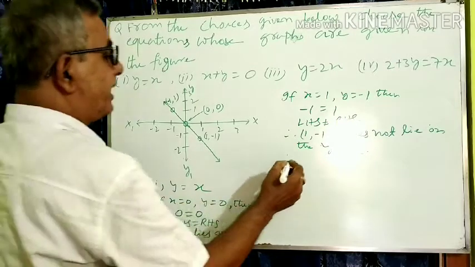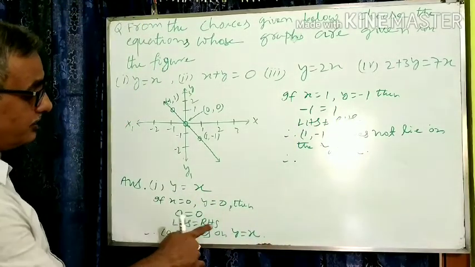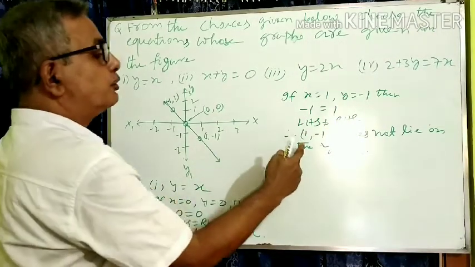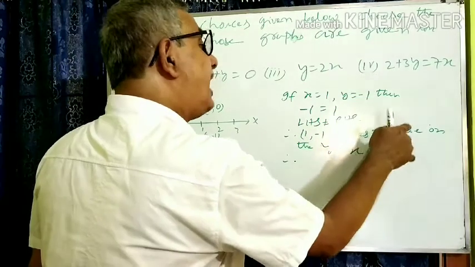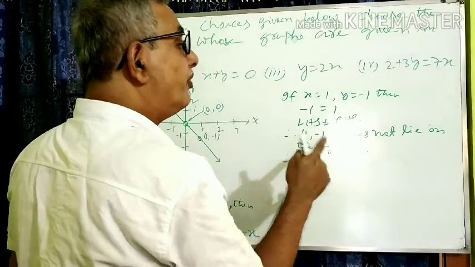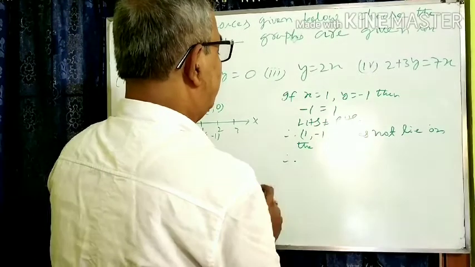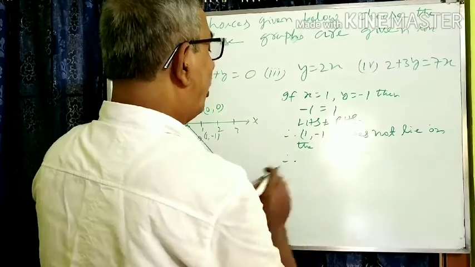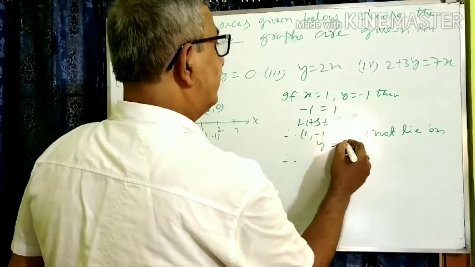So you can write in this case: in both cases, if you could get LHS is equal to RHS, LHS is equal to RHS, then you are supposed to write that 1, minus 1 lies on the line, simply on y is equal to x.